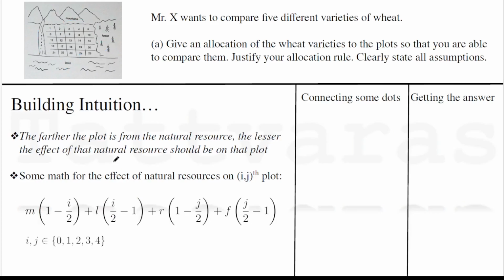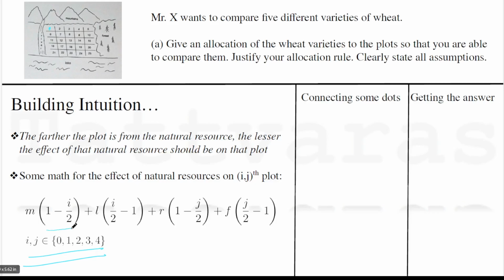We have to have an indexing structure for the entire grid of 25, which we can have through these variables i and j. Notice that even though it's 0 to 4, essentially it's a 5 cross 5 grid. i can take 5 values, j can take 5 values. Now notice, say this plot, i is 0 for this and j is 0 for this.